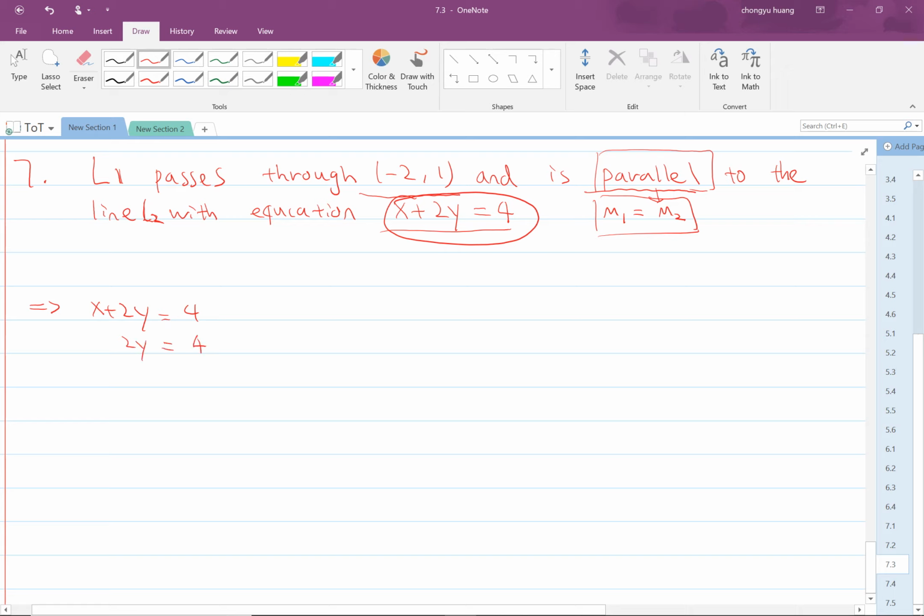That's the way we find the slope of line 2. We have to change this form into the slope intercept form in order to find the slope of it. Let me write it down. So it's negative 1 over 2x plus 2.